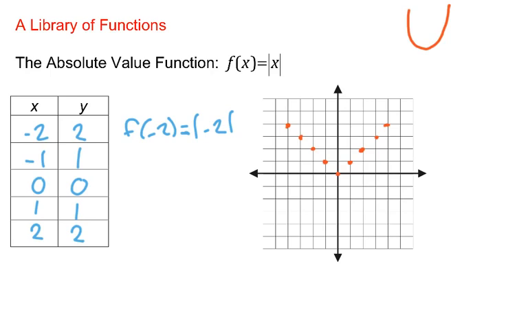Instead, the two branches of this absolute value function are very sharp straight lines. So they are going to end up meeting at what we might call the vertex in a sharp angle. And this is very simply called a V shape.